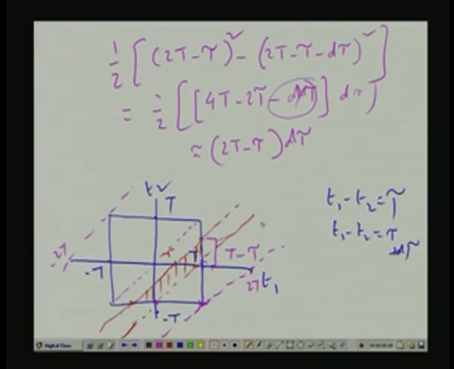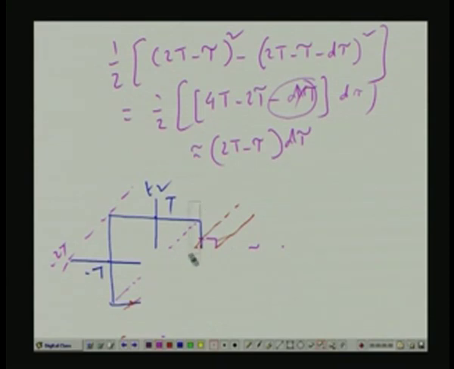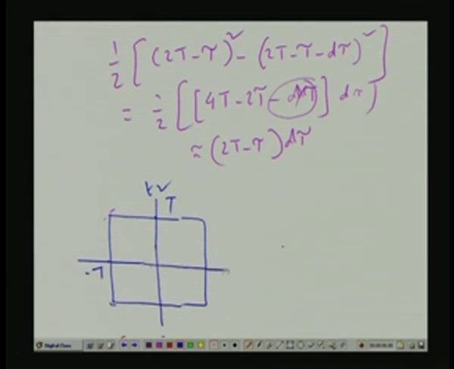I took positive tau, let us take negative tau also.